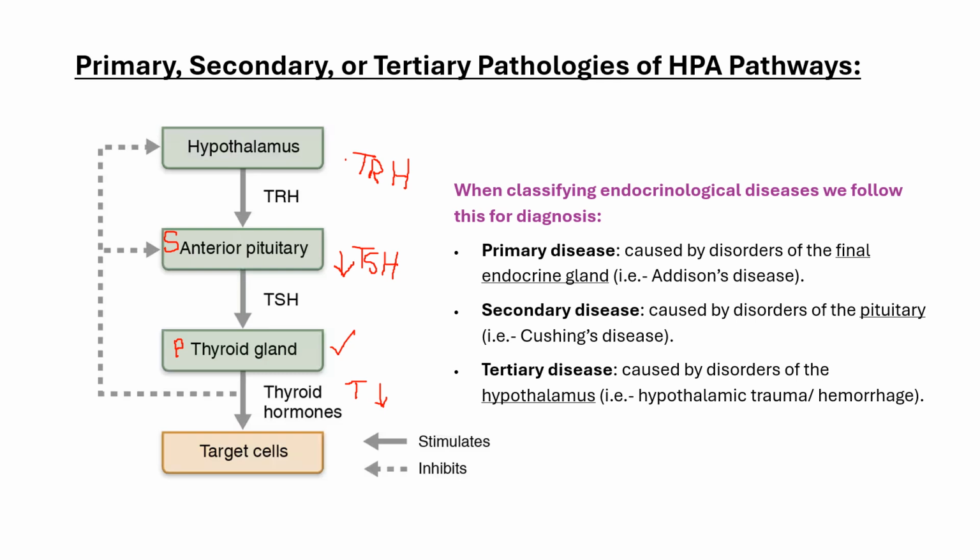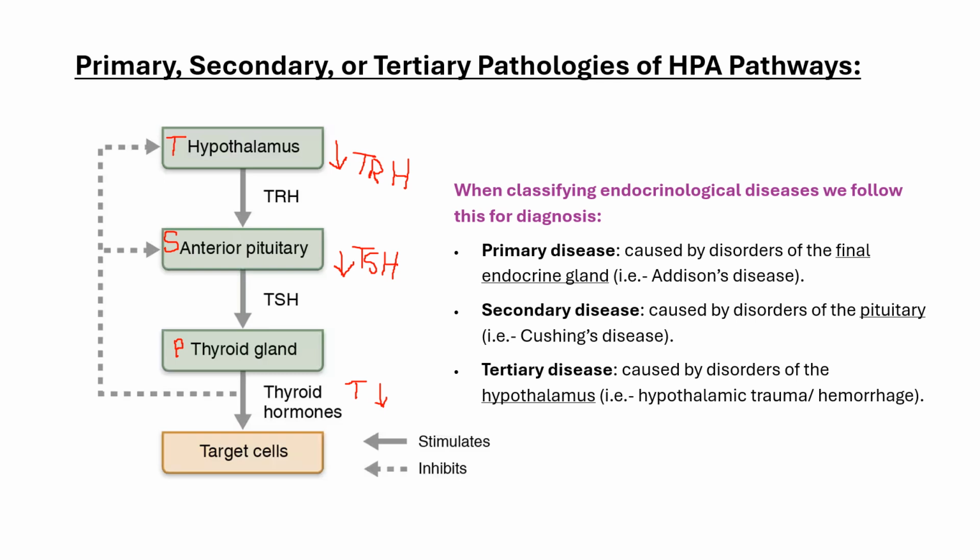Now what is happening? The hypothalamus is not making enough TRH. As a result, now we have less TSH. As a result, now we have less thyroid hormone. So this is the tertiary disease, when the problem is in the TRH.